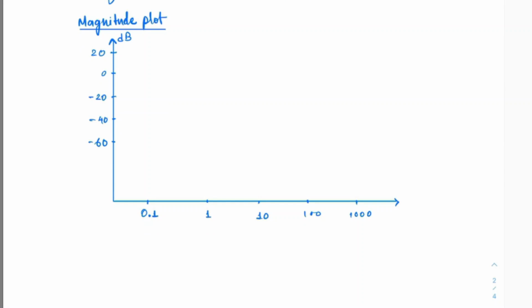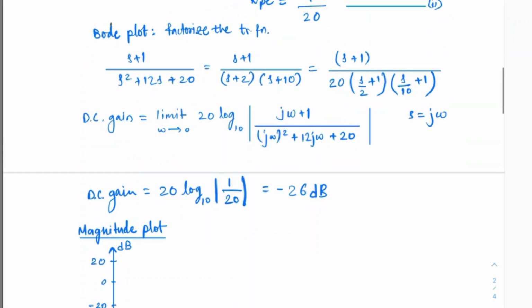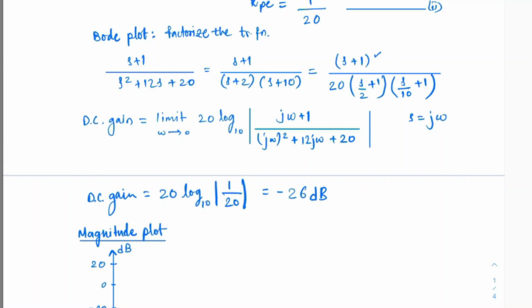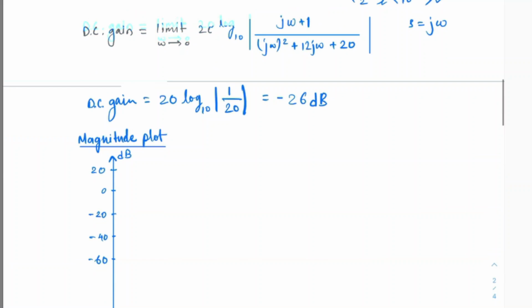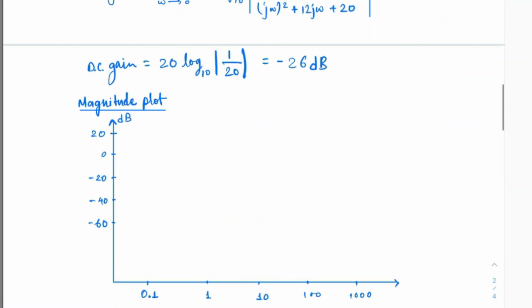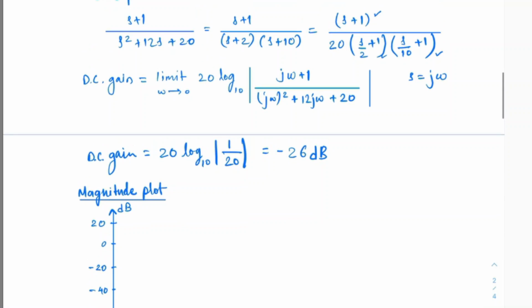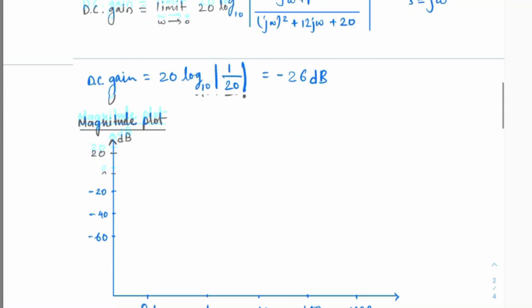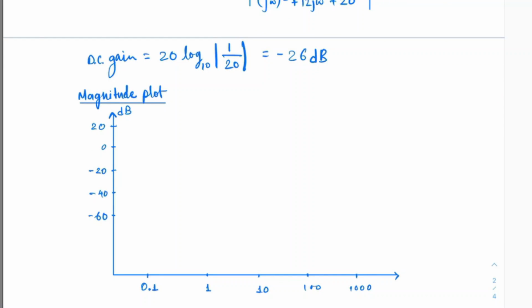So we had several components here. We have 1, 2, and 3, and we have a multiplier of 20. Let's write down the various components and draw the Bode plot of each one of them. I'll be using different colors for convenience. We just draw some horizontal lines.